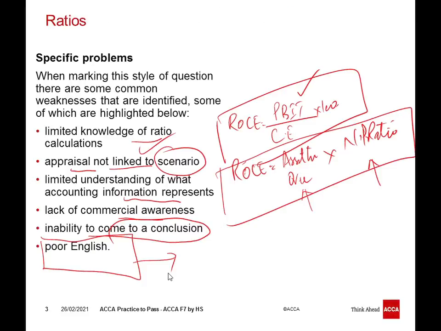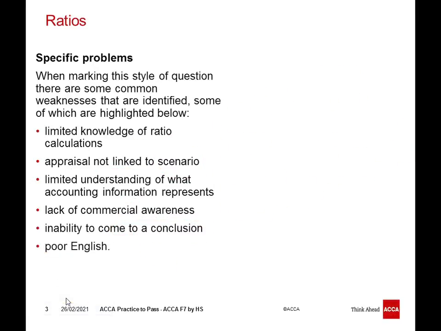Usually they don't understand how to write the answer, and they are not able to translate what they want to say into the English language. That's one of the problems that students are facing. So the most important part is communication skill, I must say the writing skills. If you have got good writing skills, then ratio is just a peanut for you.